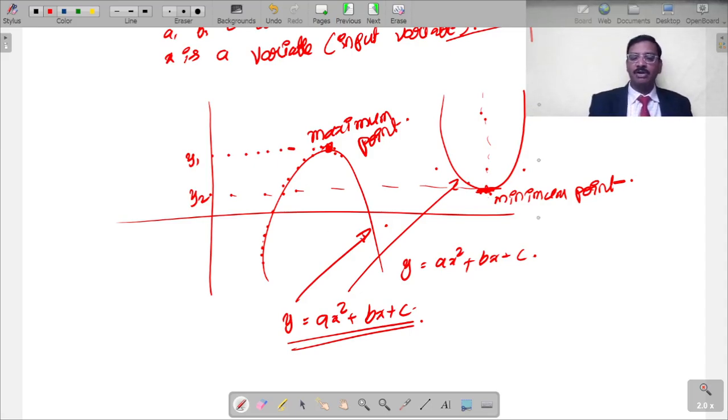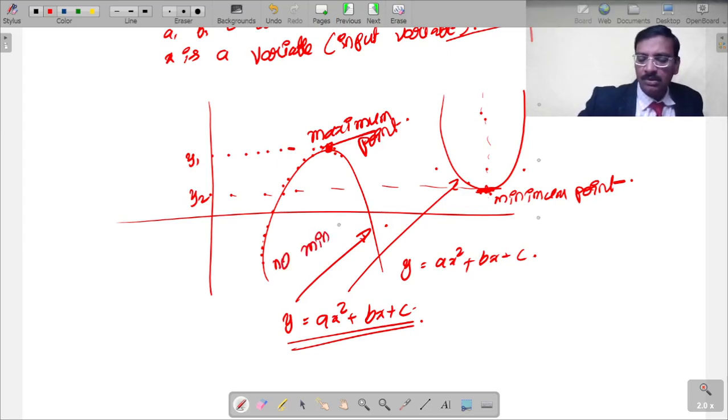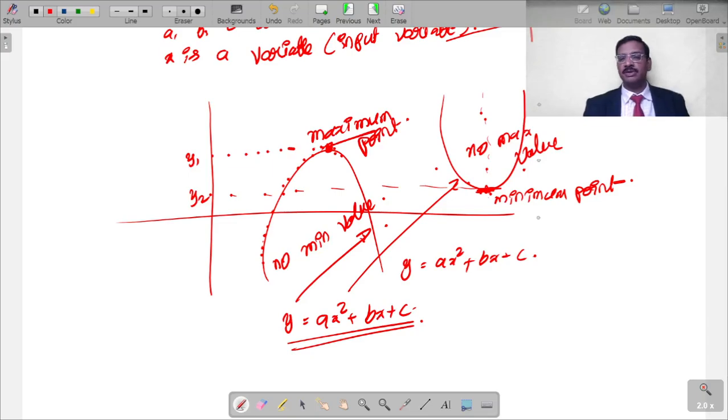If this is the format, you will have only the maximum value and you cannot find any minimum value. Here no maximum value, and in the other case no minimum value. You will find only the maximum value here, and only the minimum value in this shape.